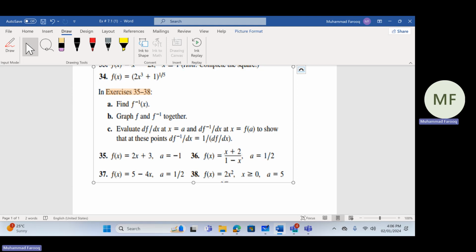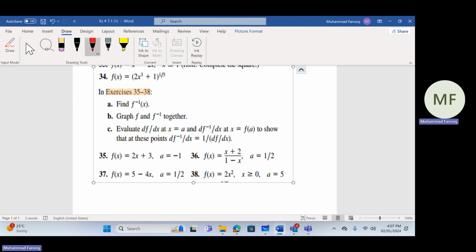The inverse function derivative which you calculate at F of A is equal to the reciprocal of the function derivative at A. Again, there are two different calculations. Number one, we calculate the given function's derivative at A. Then we calculate the inverse derivative at F of A. The property says the inverse function derivative is equal to the reciprocal of the function derivative, calculated at A. I will write the rule for you.